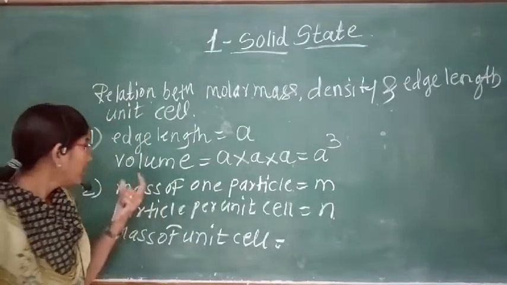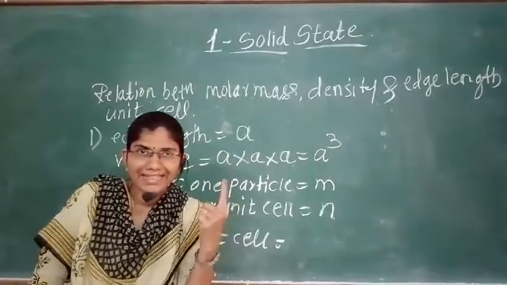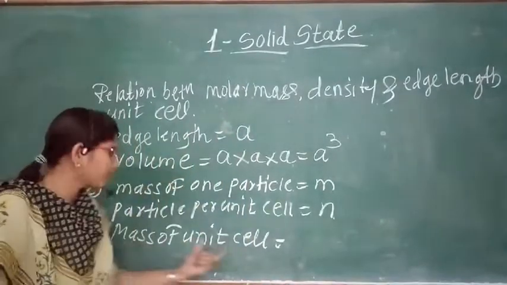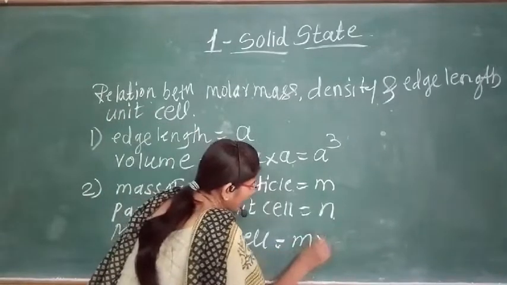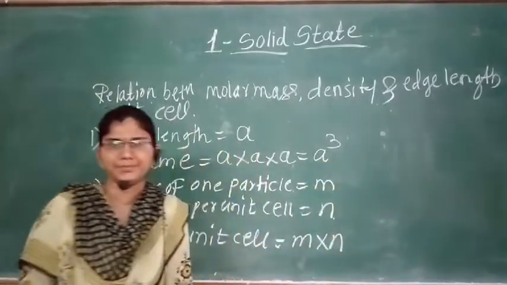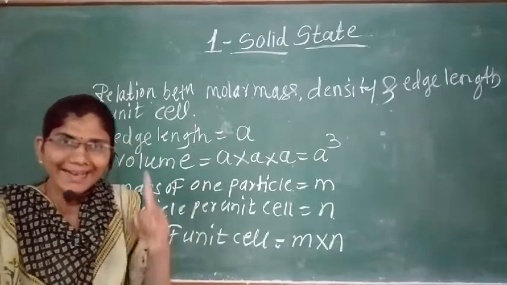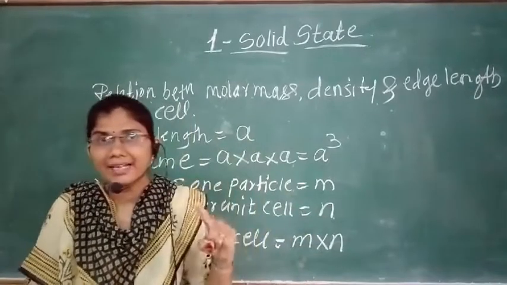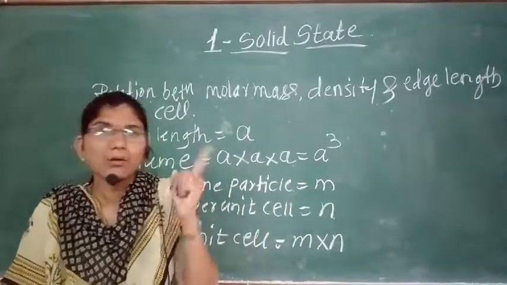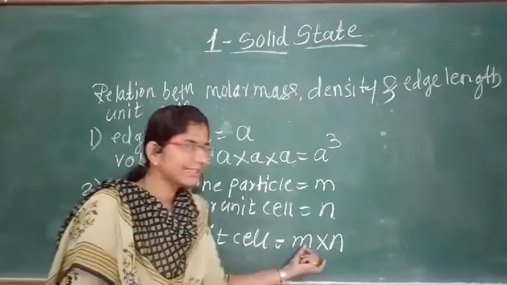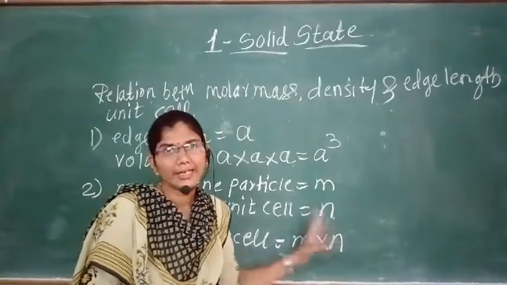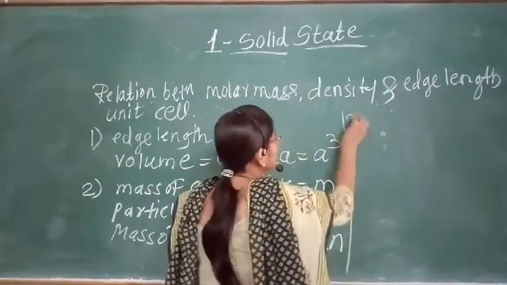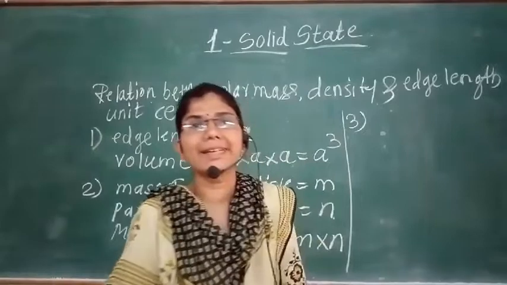The mass of one particle is m, and there are n particles in one unit cell, and therefore the mass of a unit cell is equal to m into n. Understood? The mass of one particle is m, and there are n such particles in one unit cell. So what is the total mass of the unit cell? m into n.